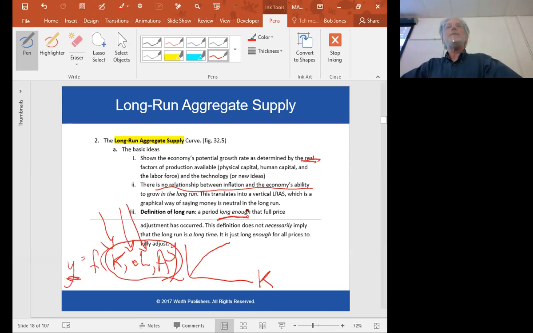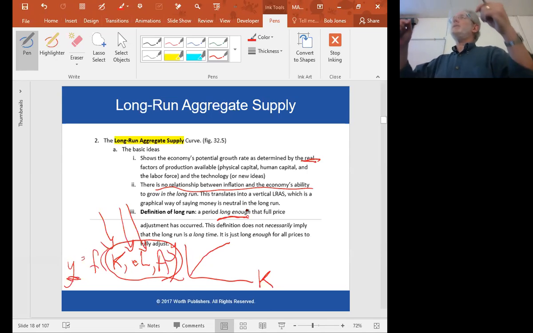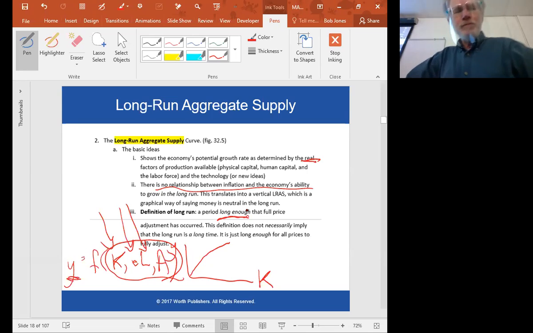Remember, think back to chapter 3 and chapter 4, supply and demand. When you have a change in a market, usually that'll shift the demand curve or that'll shift the supply curve, and it will lead to a change in prices. Remember when we, back in those chapters, we would start out with an equilibrium.